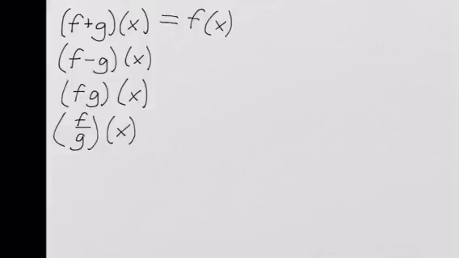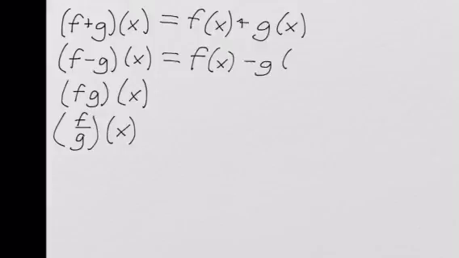So for addition, it's just going to be f of x plus g of x. For subtraction, f of x minus g of x. Multiplication will be f of x multiplied by g of x.